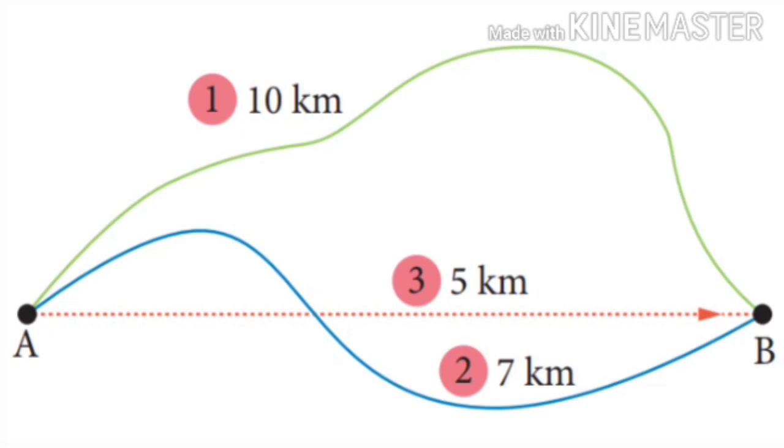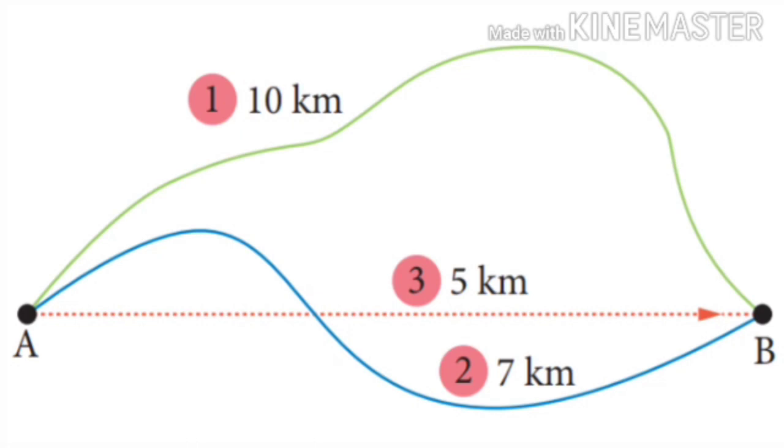For example, look at this picture. We have three paths to reach from A to B. Listen, in the first path, the distance between A and B is 10 km, and in the second path, the distance between A and B is 7 km.